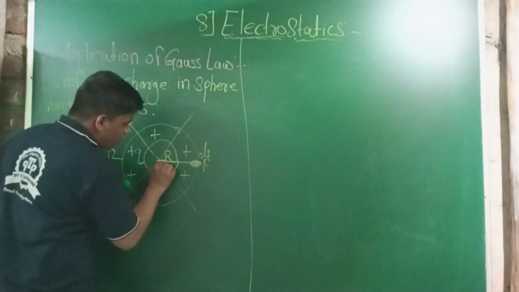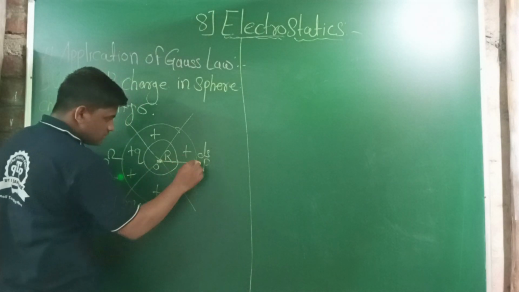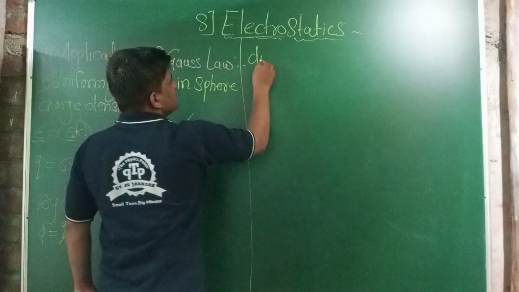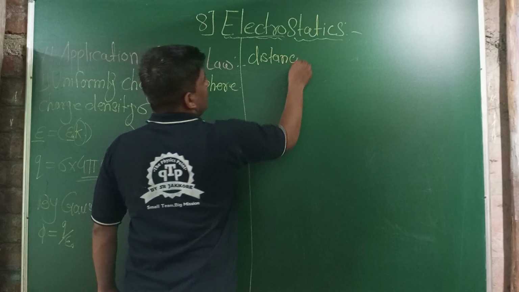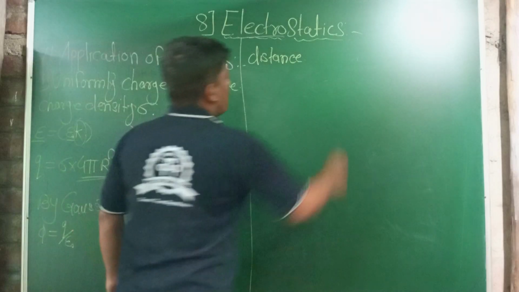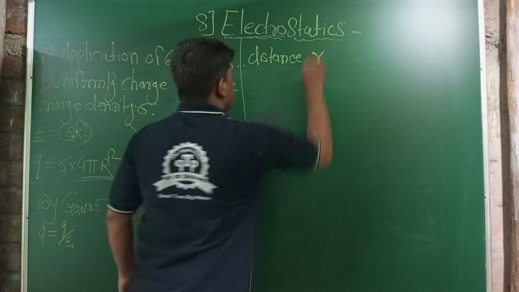Then the distance from the center to this P, the radius from the center to that Gaussian surface, we write as small r.